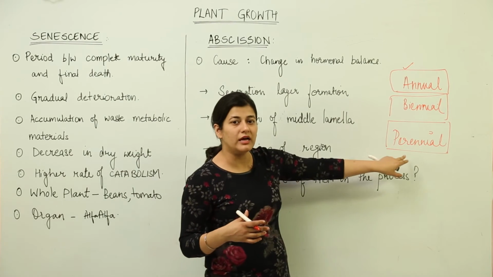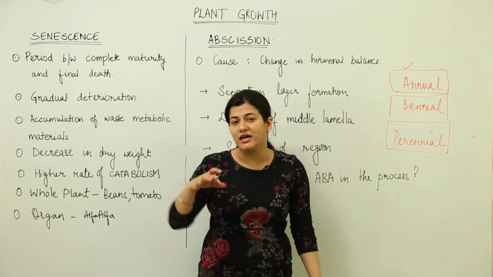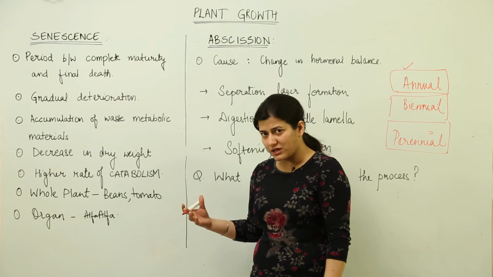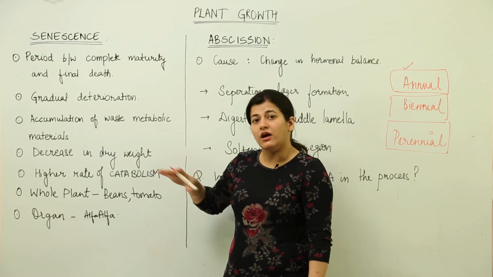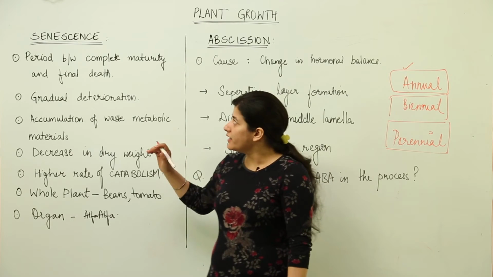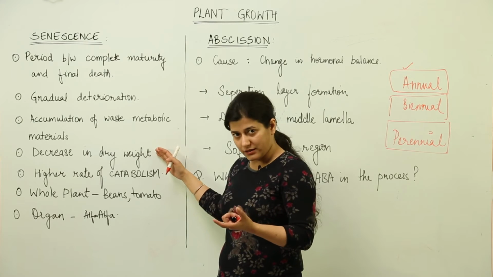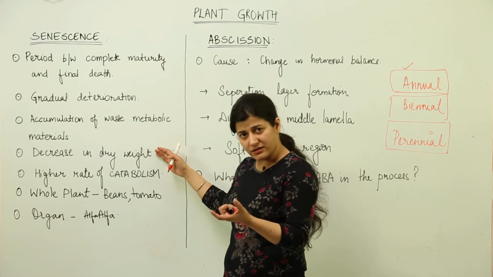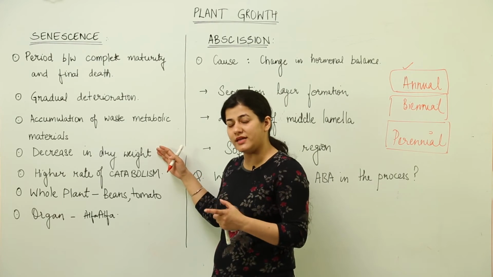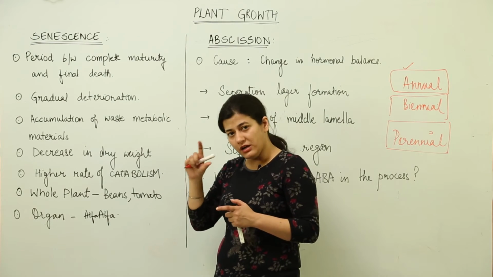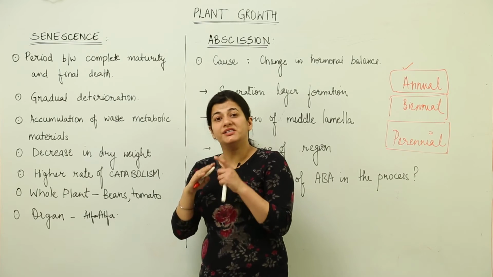So the perennial plants are not going to show senescence until and unless it's like a period of 60 years or 70 years, or it could be greater. So we see organ death over here. So the organ death would also see such process, like supposedly a leaf has to die in the plant, or some branch has to die, it has to undergo senescence. So all these processes would be taking part in that particular plant part, not in the entire plant.